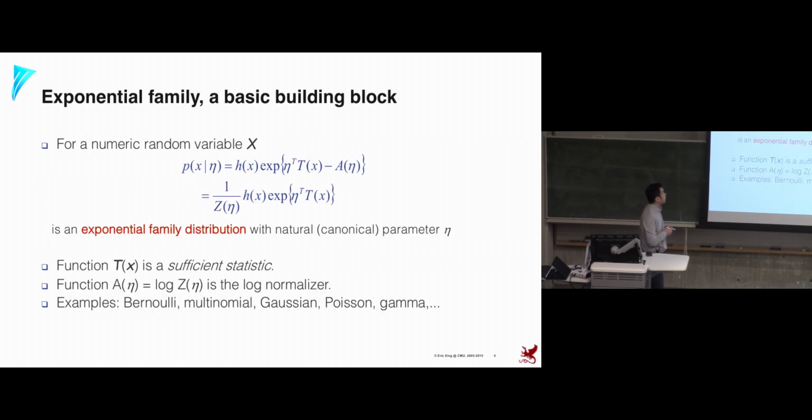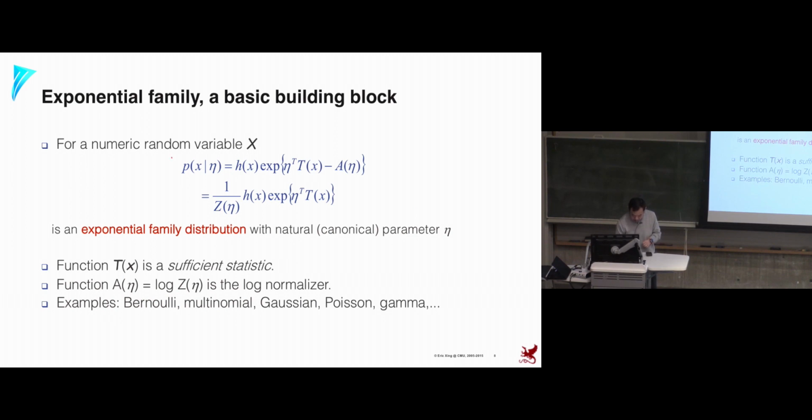So that gets us to the exponential family, which is a very, very broad family of density functions for different types of random variables or probability distributions. So it's a basic building block. Again, this class is interested in building blocks rather than specific instances because there is no way to exhaust all the instances.